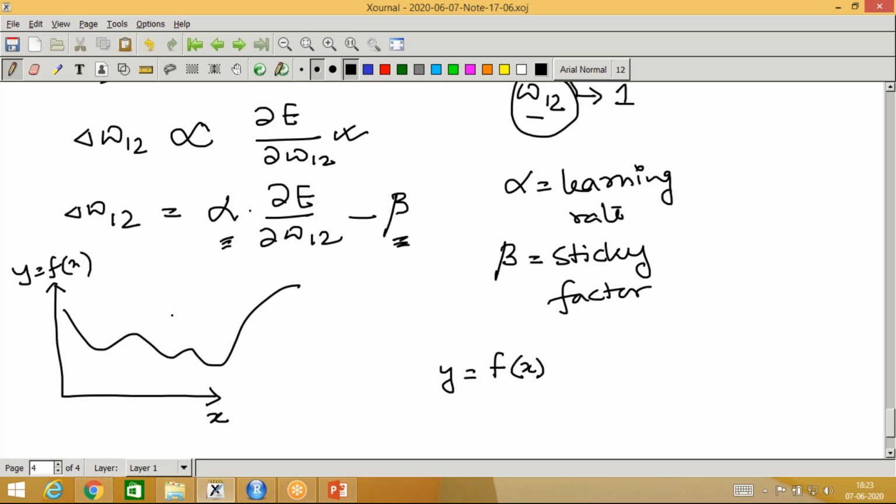So what we generally do is, let's say I start from here, I find out the value of y here. Then I change x a little bit this side and a little bit this side, and see in which direction it is falling. I see that when I come in this direction, it is falling. So next I come here. Again I change a little bit in this direction. Next I come here. Again I change a little bit in this direction. Next I come here.